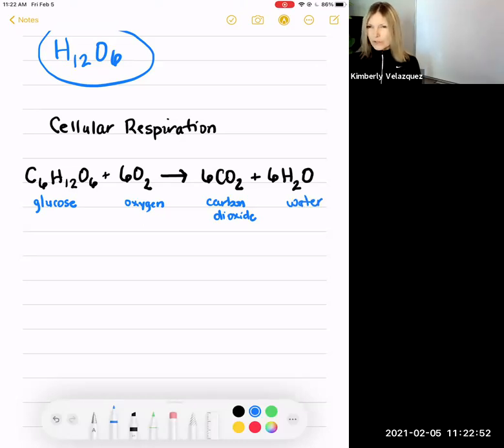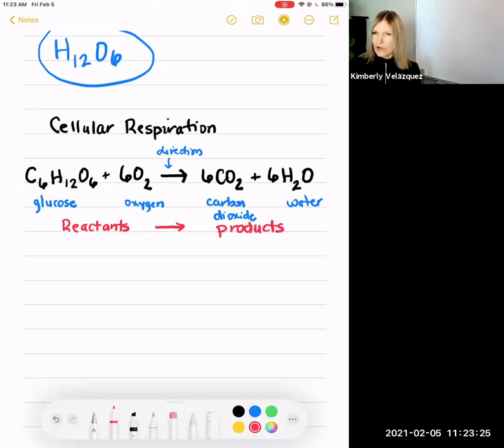A couple of things that are really, really important about this. This arrow is showing you the direction in which this chemical reaction is proceeding. So this is the direction of the chemical reaction. It's moving from left to right, and it's moving from what we call reactants to what we call the products.